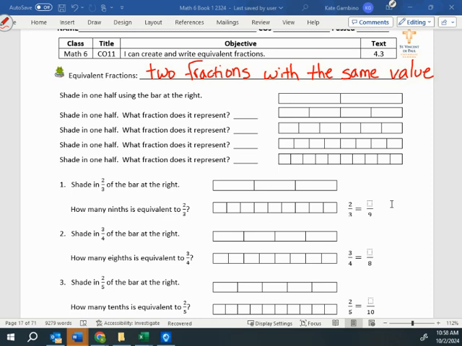So let's see what that looks like using our bars. We're going to shade in 1/2 using the bar at the right. So shade in 1/2 of your bar.